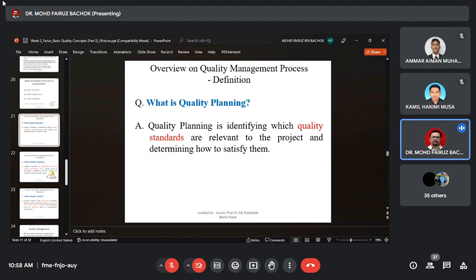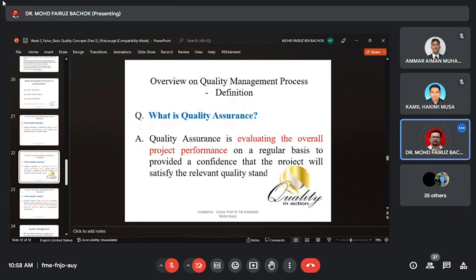So before you start construction, you need quality planning. During the construction, you need quality assurance. In other words, monitoring.